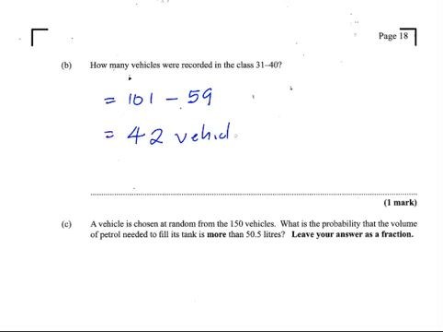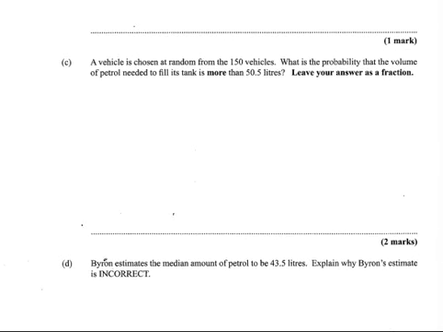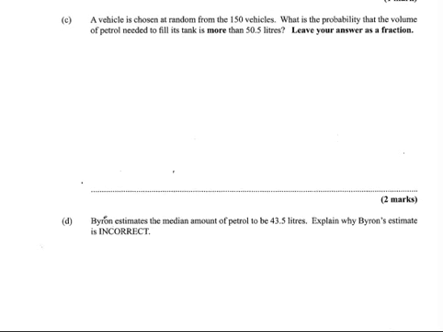Alright, C. What is C asking us now? C is saying a vehicle is chosen at random from the 150 vehicles. What is the probability that the volume of petrol needed to fill its tank is more than 50.5 liters?